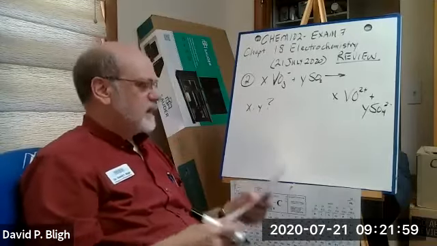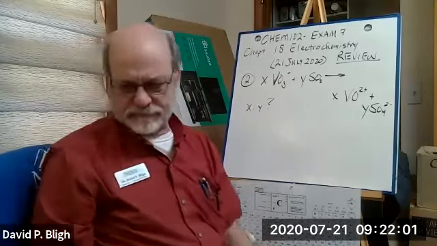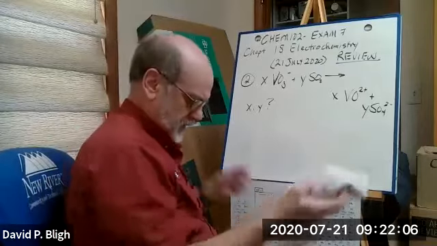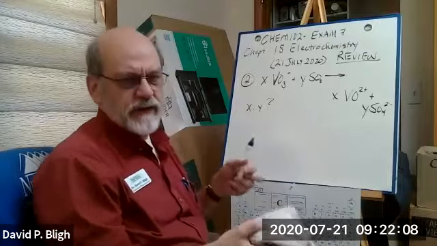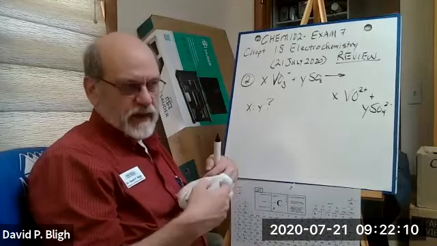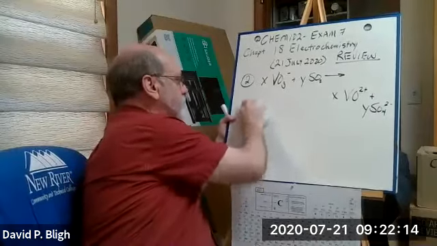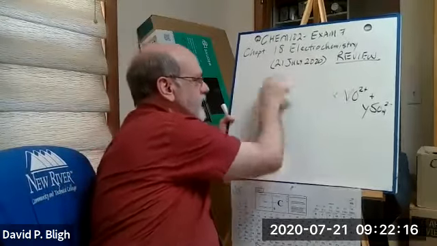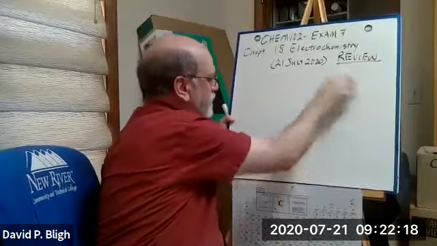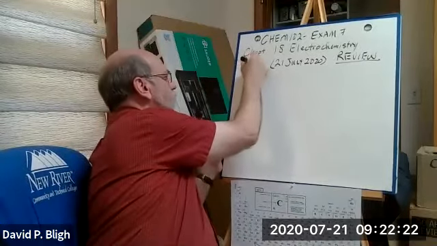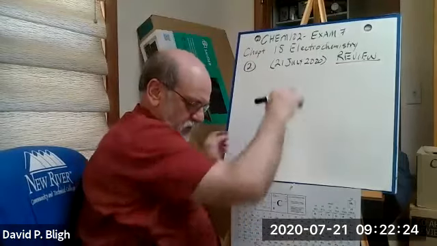I might have to redraw that because I'm going to use a method that's quicker than the half reaction method. Let me do that again. Put the 2 up here, then I'll put the rest of the equation down here.